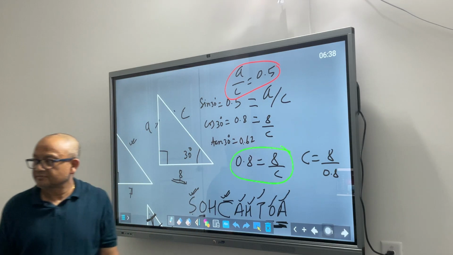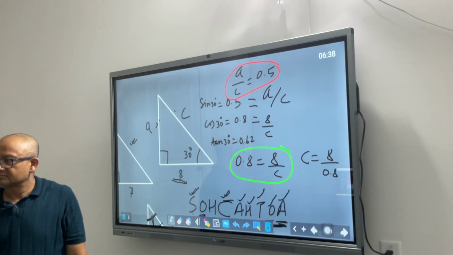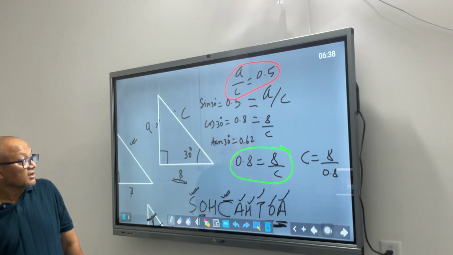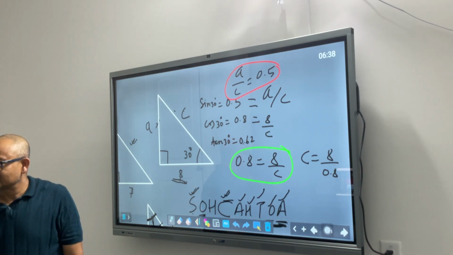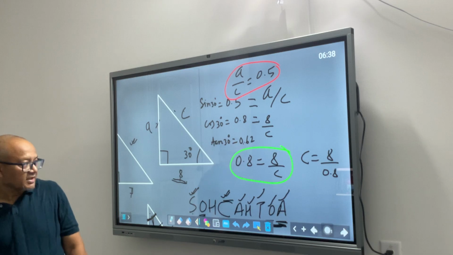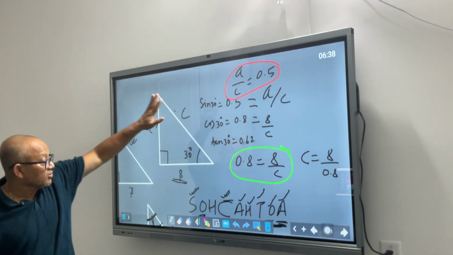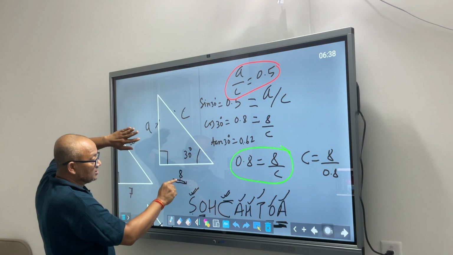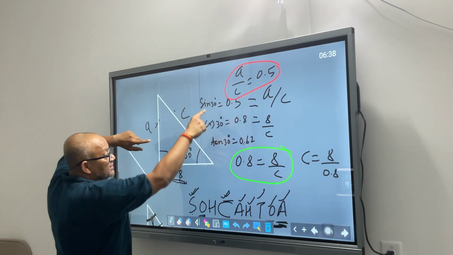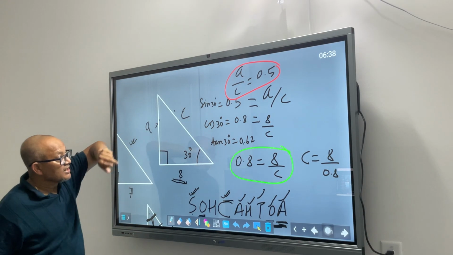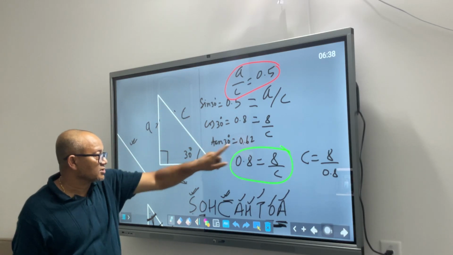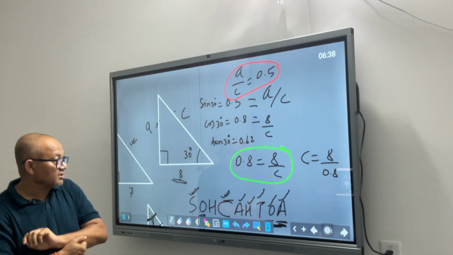Yes or no? Again, look at this. We had this angle known to us, we had this side known to us, and we had these values given to us: sine 30 equals 0.5, cos 30 equals 0.8, tan 30 equals 0.62. These are absolute values given to us.